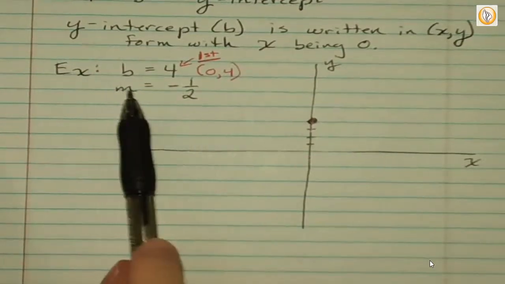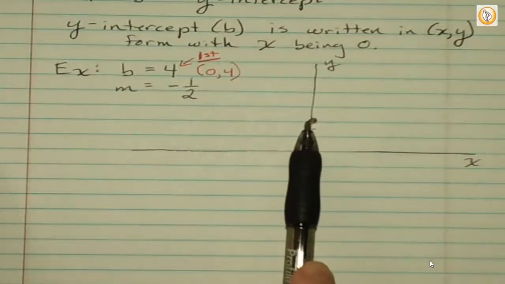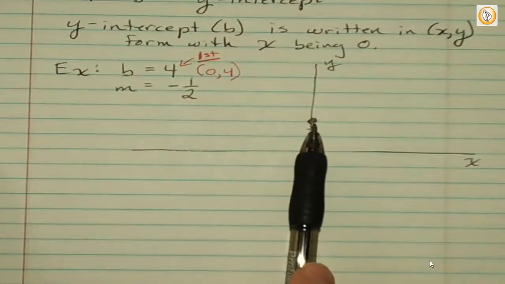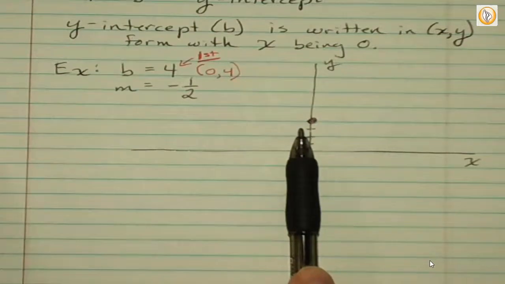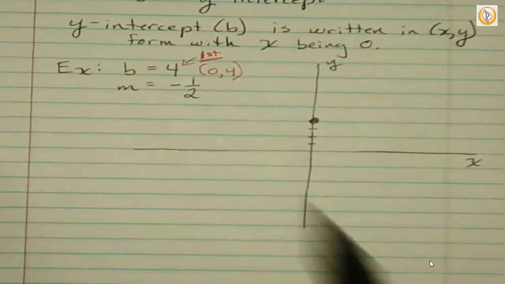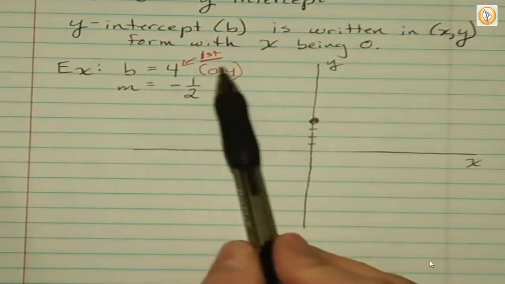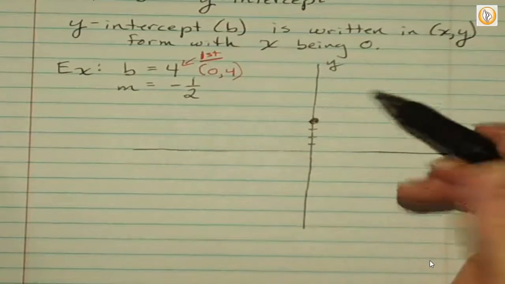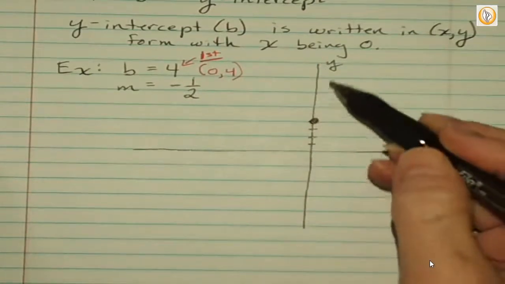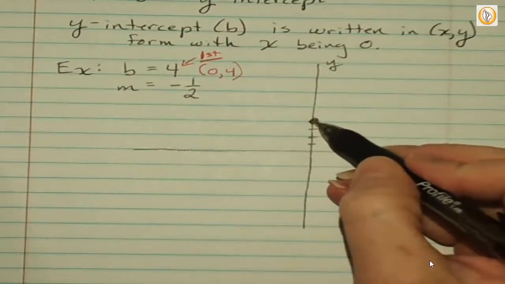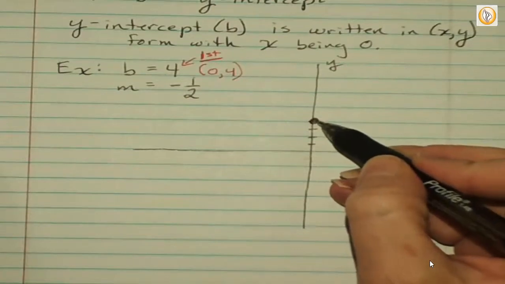If the problem says y-intercept is 4, you stick a dot on the 4 of the y-axis. This is your y-intercept. Do you see that? Matthew, do you see that? Ma'am. Do you see the y-intercept is b, right? Yes, ma'am. That's the first thing we're going to plot. And there it is right there. This is the point that the graph crosses the y-axis. So we're going to stick a dot there. Do you see that? Yes, ma'am.